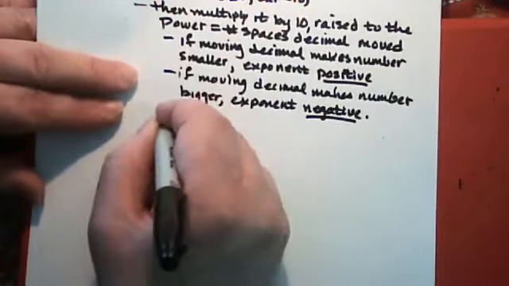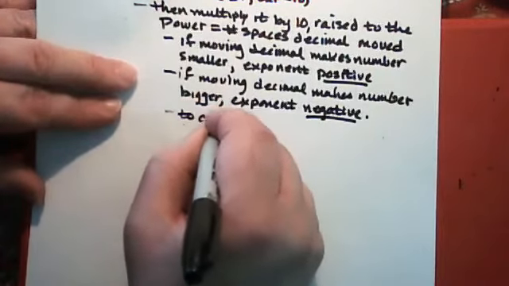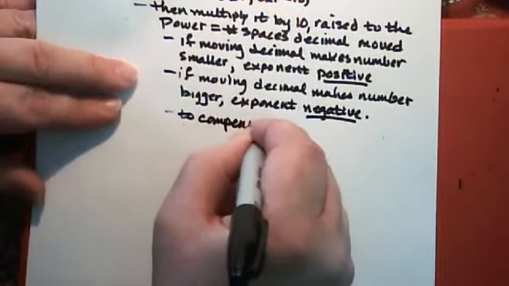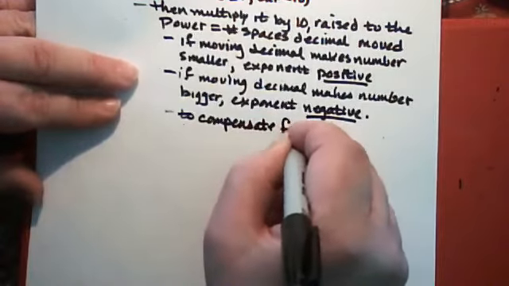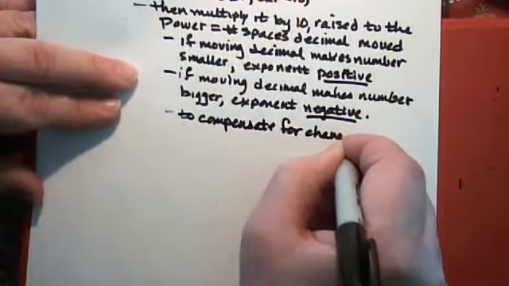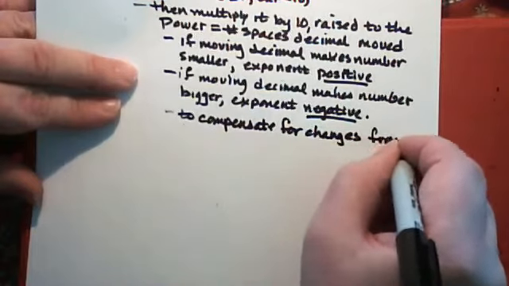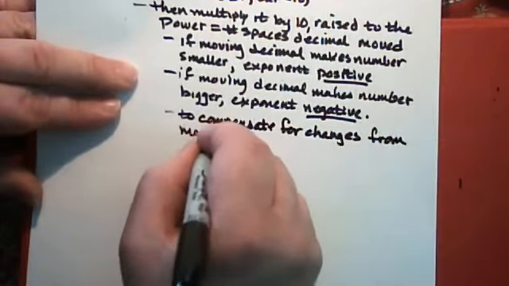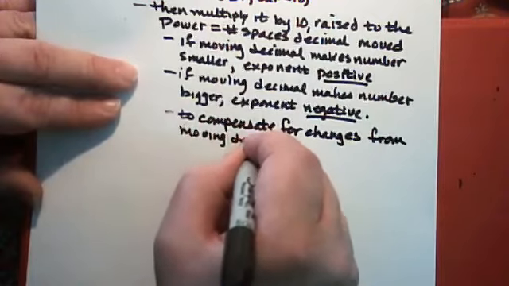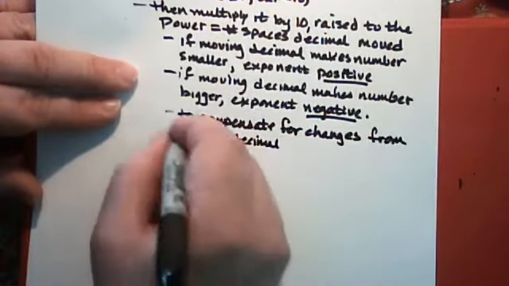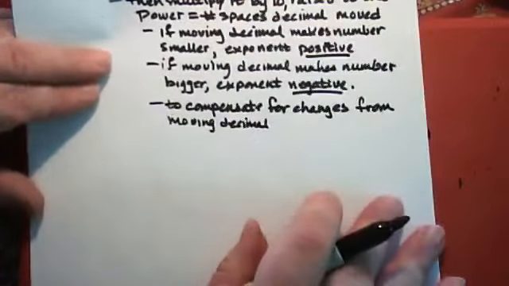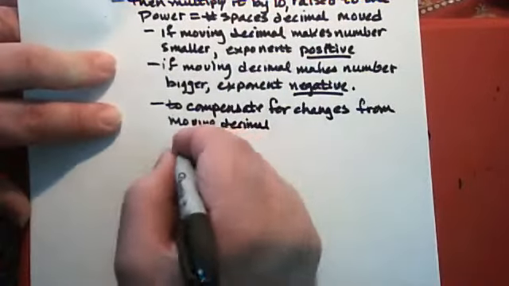Okay, and this is all in order to compensate for the changes that are caused by moving the decimal.